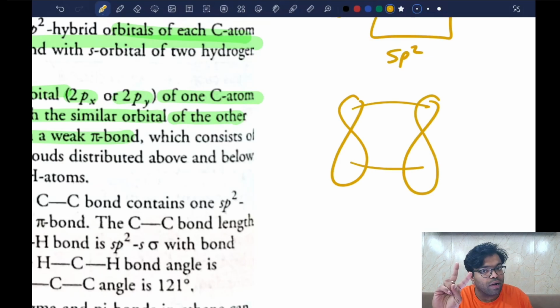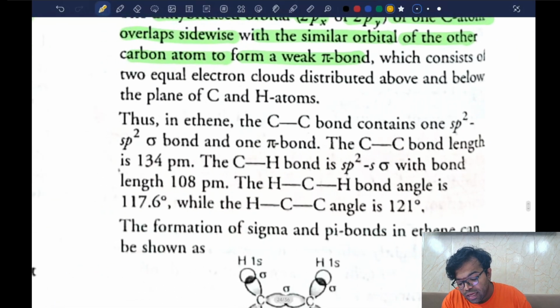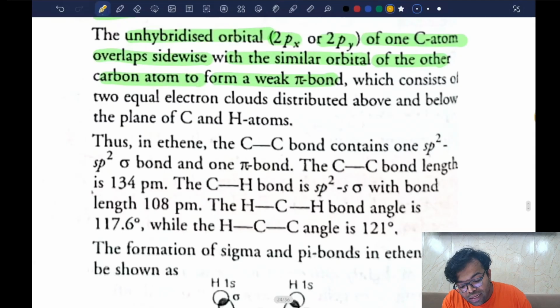Two sideways overlaps between the two lobes of the two p orbitals result in the formation of one pi bond. Understood? So you have a pi bond, which consists of two equal electron clouds distributed below and above the CH bond.